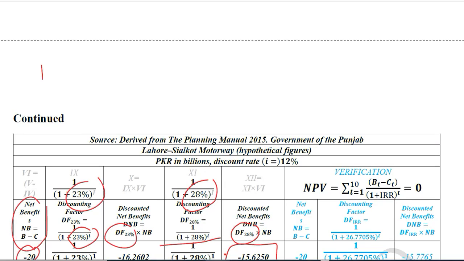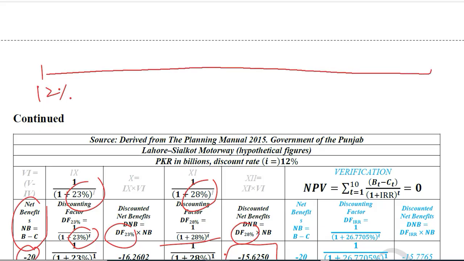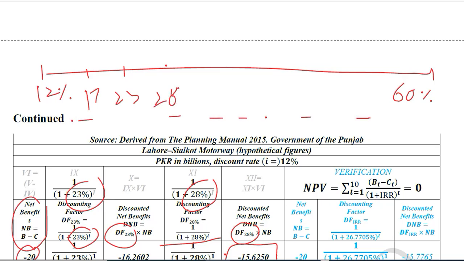That is, if you start from 12%, and if the IRR is hidden somewhere at 60%, then definitely quite a bit of jumps will be required: 12, then 17, then 23 and 28. So trial and error can really get quite tedious and tiresome.